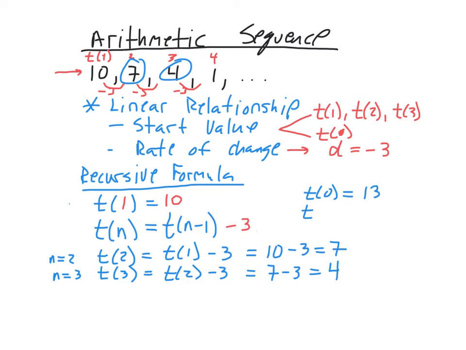But then the formula is exactly the same. It doesn't change. Only the start value changed. So it's still t of n is equal to t of n minus 1 minus 3. Both of these recursive formulas are valid for this sequence. They just have a different start value.